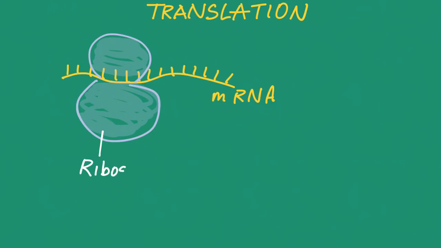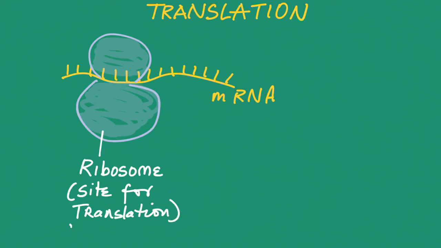The ribosome has the ability to read the message within the messenger RNA. Ribosomes can be free in the cytosol, or they can be bound to the rough endoplasmic reticulum. So protein synthesis occurs in both these locations.